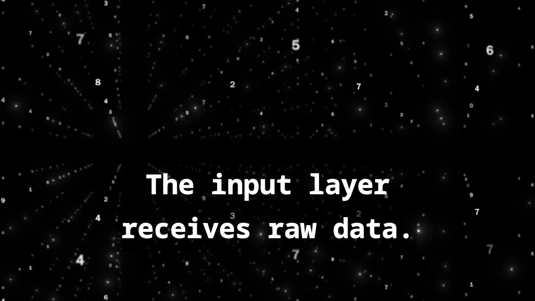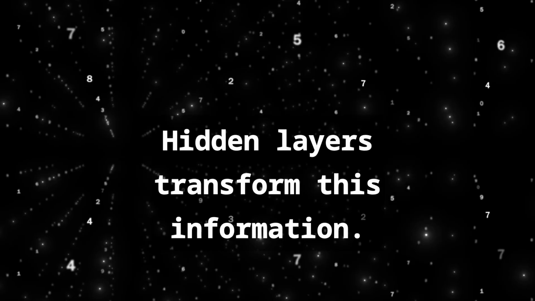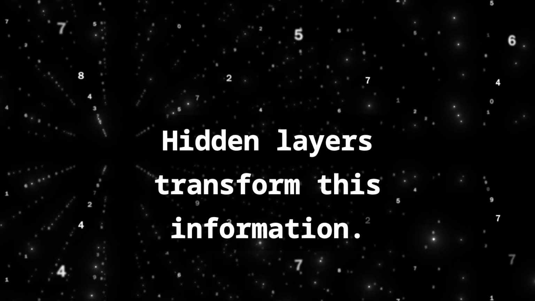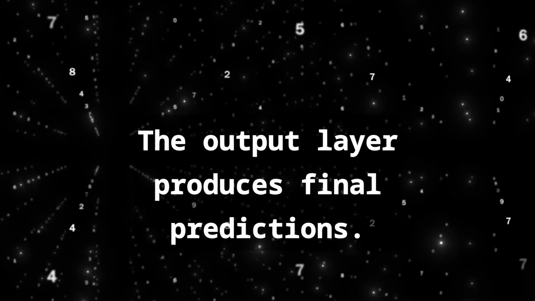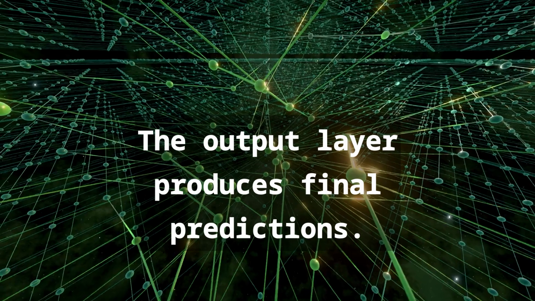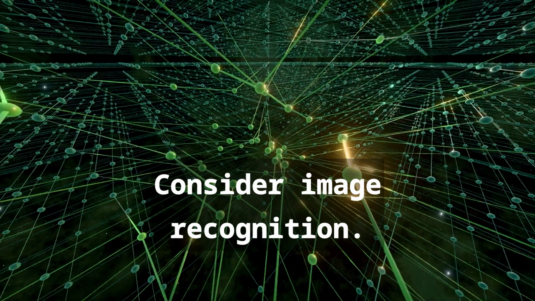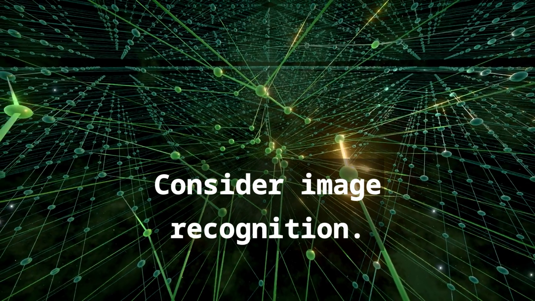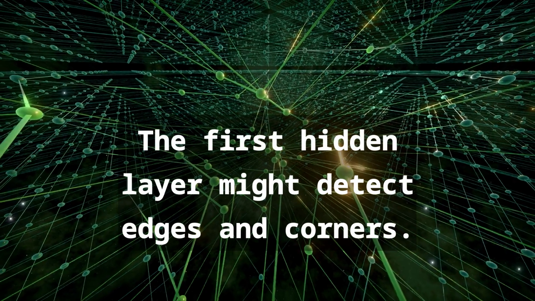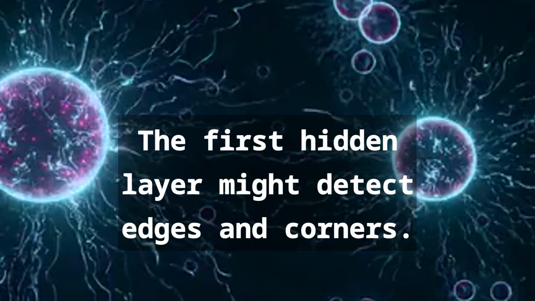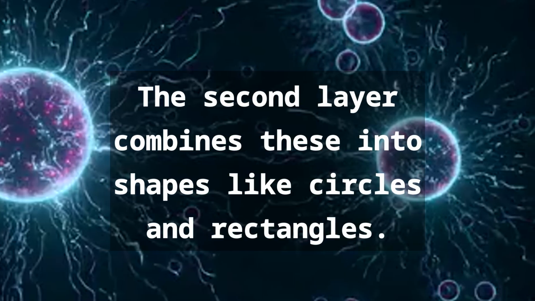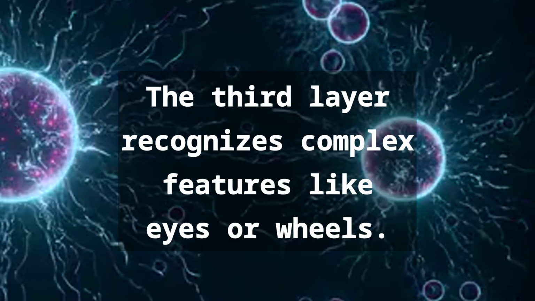The third layer recognizes complex features like eyes or wheels. The final layer decides, this is a car. When networks have many hidden layers, typically more than 3, we call it deep learning. GPT-3 has 96 layers. Each layer can learn increasingly abstract representations of the input data.